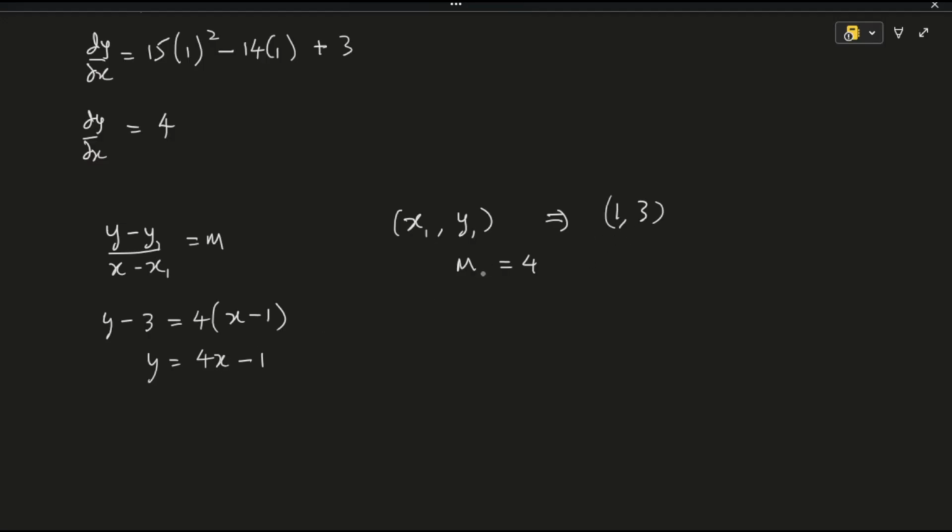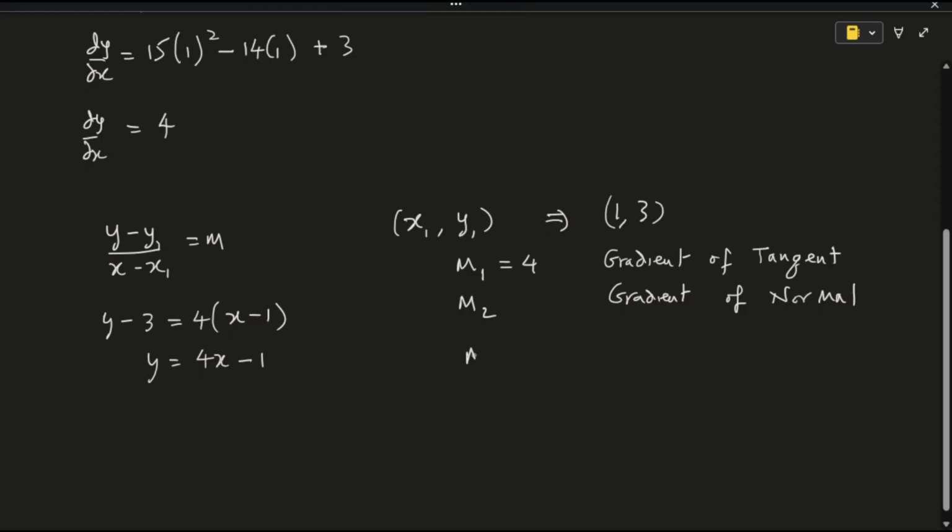Now, if we are to consider m1 as the gradient of the tangent and m2 as the gradient of the normal, then since the tangent and the normal are perpendicular to each other, it will mean that is to say the product of the gradient of the tangent and the normal is -1.